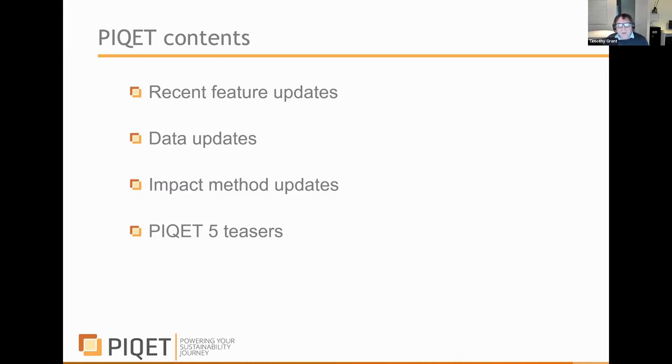I'm going to go through a couple of recent feature updates that were slipped into PK without much fanfare, things people had been asking for, like most of our development. Some new data that's been added. And then talk about the impact method updates and some PK5 teasers around what we can expect over the next 6 months when hopefully PK5 is ready to roll out.